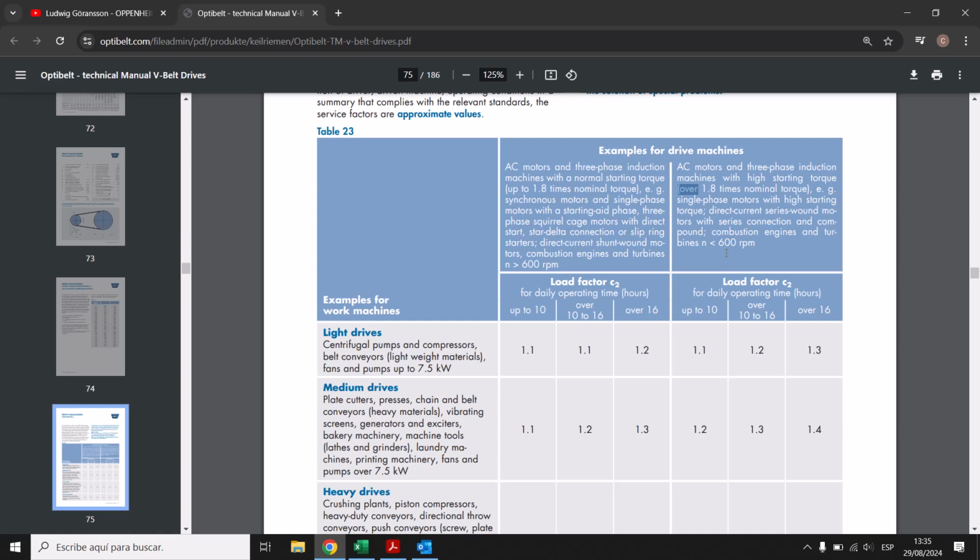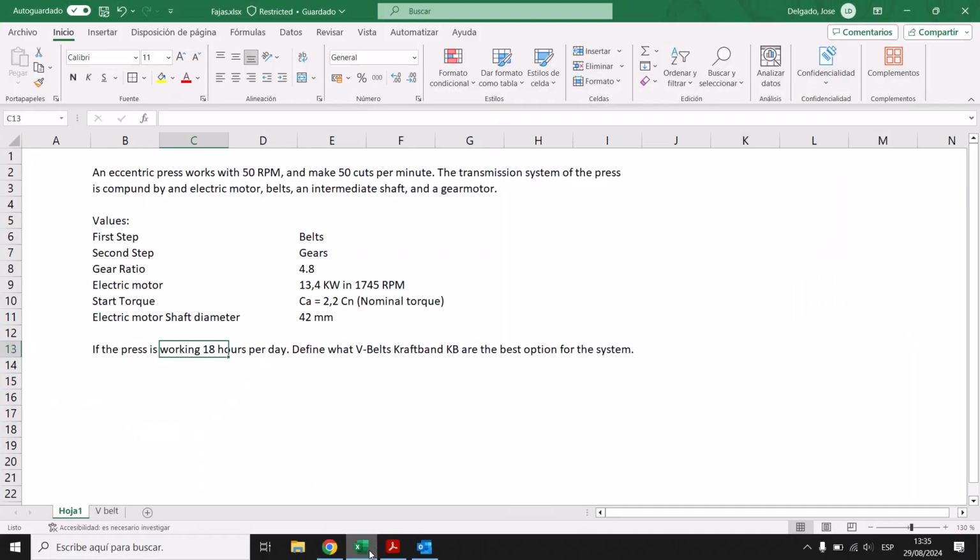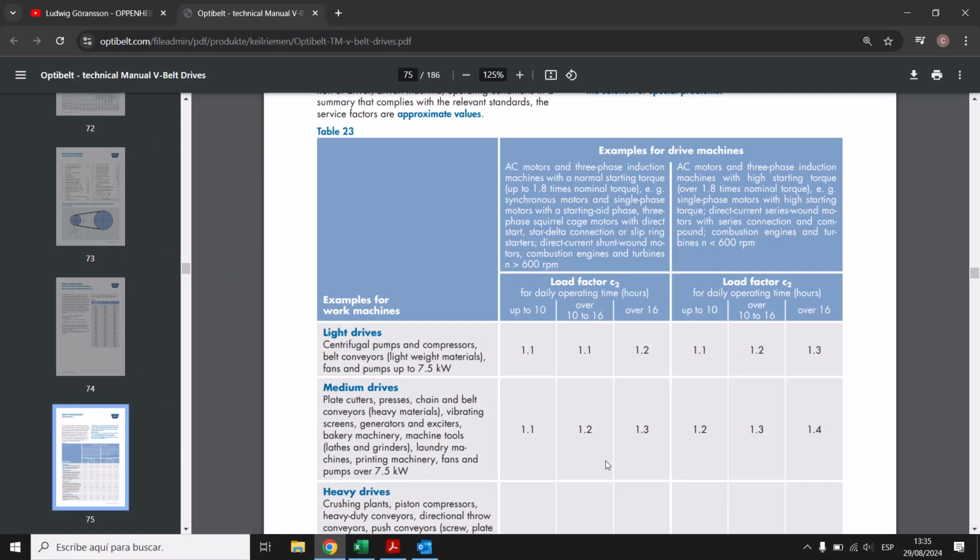Okay, we are here. No, wait. I'm so sorry. Sometimes I kind of confuse it. So we are here. Up to 1.8 times torque, we have 2.2, so it's okay.